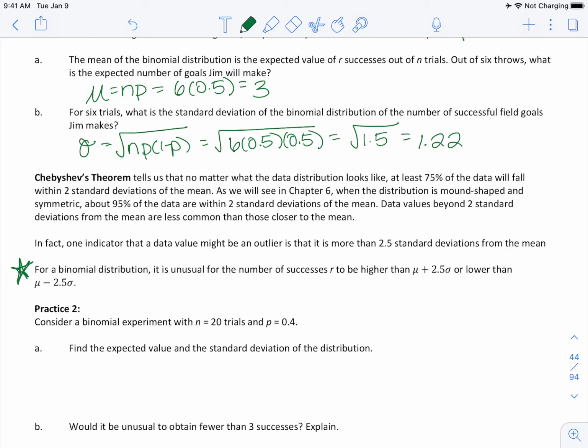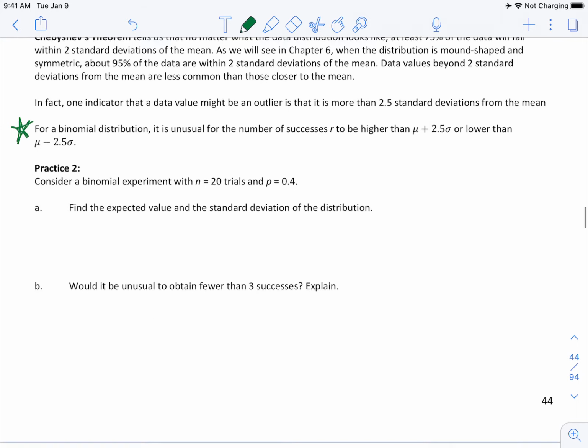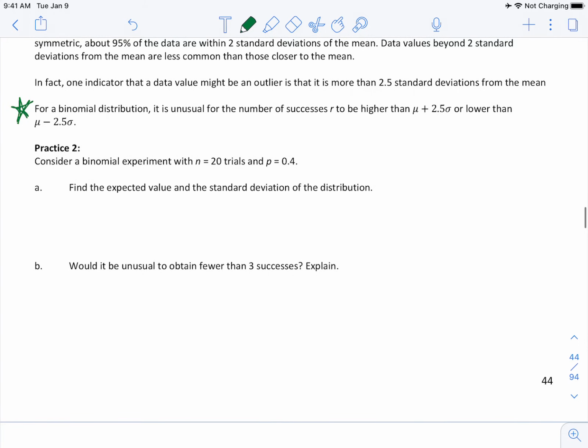All right, consider a binomial experiment where n equals 20 trials and p equals 0.4. A says find the expected value and standard deviation of the distribution. Please do this. Okay, our mu, or expected value, or mean, is n times p, which is 20 times 0.4, which is 8.